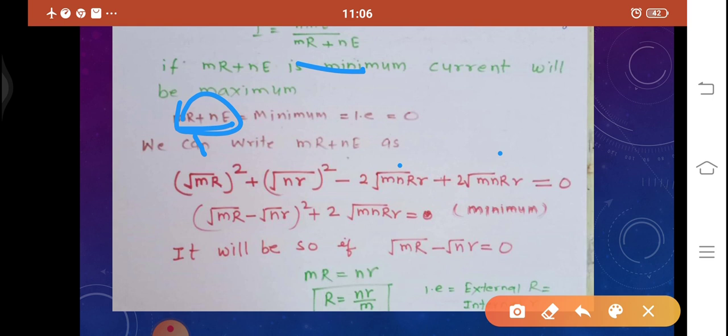It is minimum if this term is equal to 0. Root mR minus root nr equals 0, and this means mR equals nr, or R equals nr upon m.